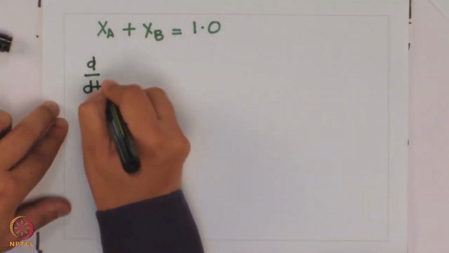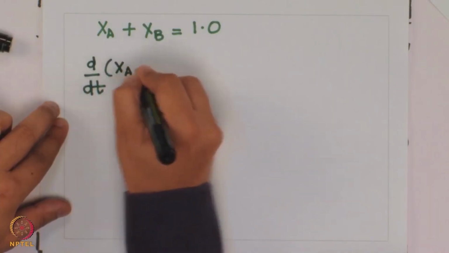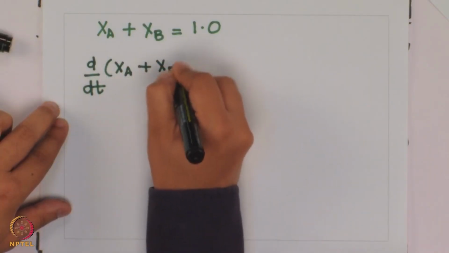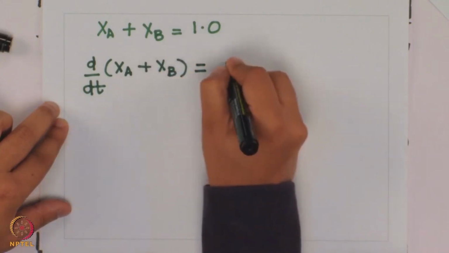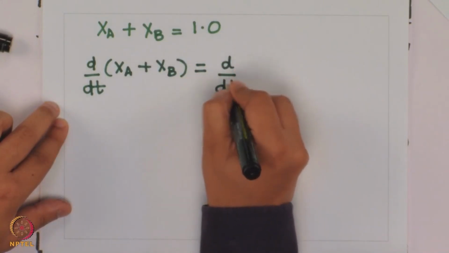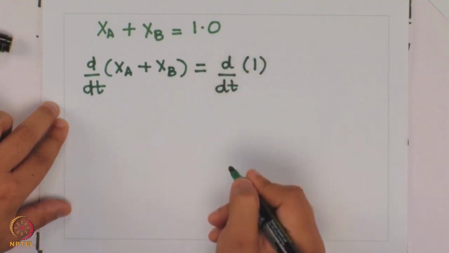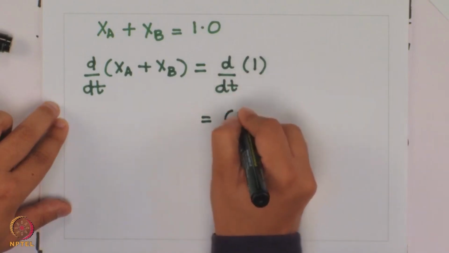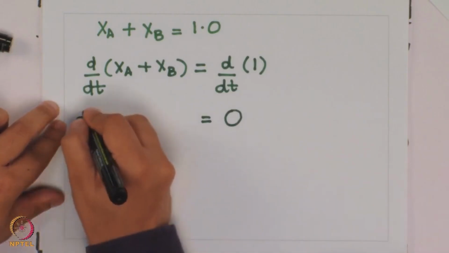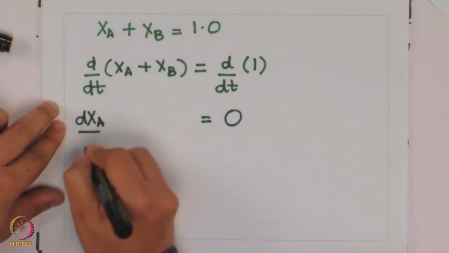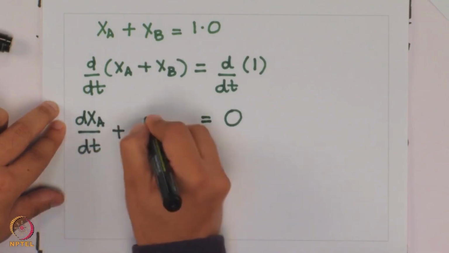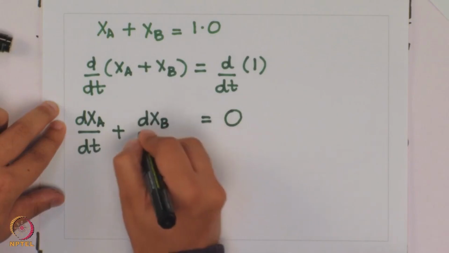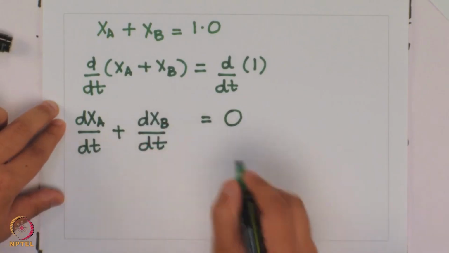So, I am going to differentiate this simple equation with respect to time. I get d by dt of Xa plus Xb, and I differentiate the right hand side with respect to time as well, d by dt of 1. Now, the derivative of a constant is just 0. So, I get a 0 on the right hand side, and the left hand side gives me dXa by dt plus dXb by dt equal to 0.